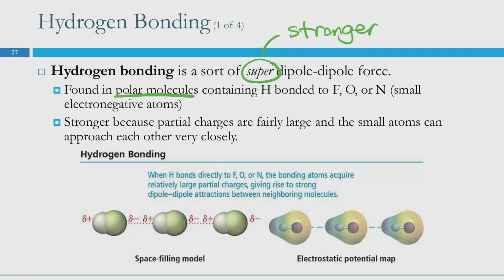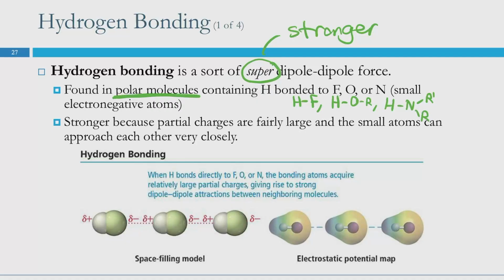We have our baseline being that we have to have polar molecules, but they contain one of these three bonds: hydrogen bonded to fluorine, hydrogen bonded to oxygen, and hydrogen bonded to nitrogen, and then R and R prime. The other things aren't particularly important.